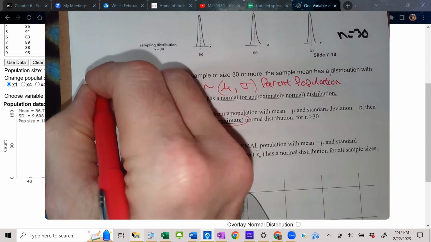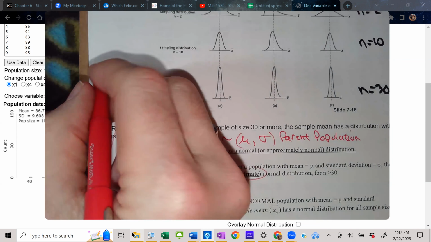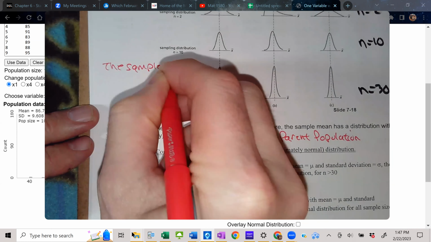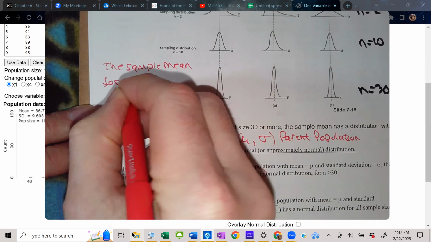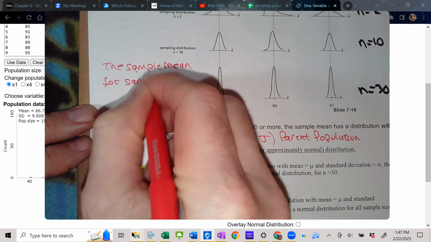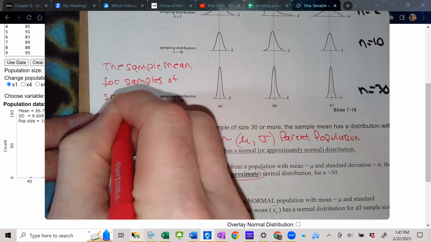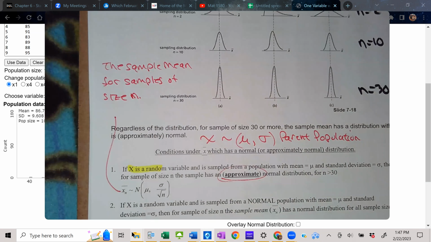So x bar sub n, what I mean by that is the sample mean for samples of size n.